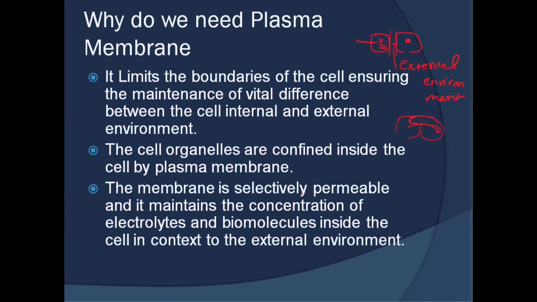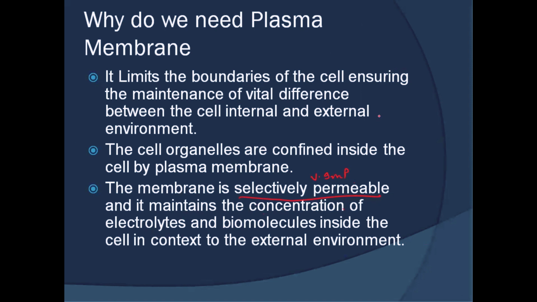The plasma membrane is selectively permeable. This is a very important point. Selectively permeable means it allows only a few things to enter the cell and go out of the cell. Why does it do so? So that it can maintain the concentration of electrolytes. If an electrolyte concentration is more inside and less outside, it might lead to cell signaling problems.